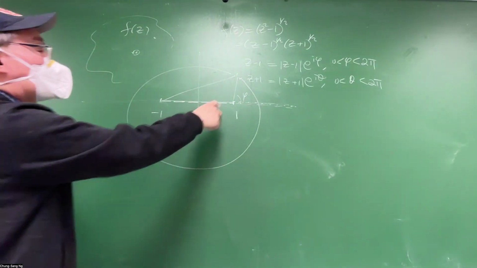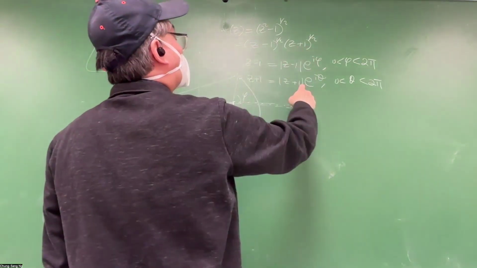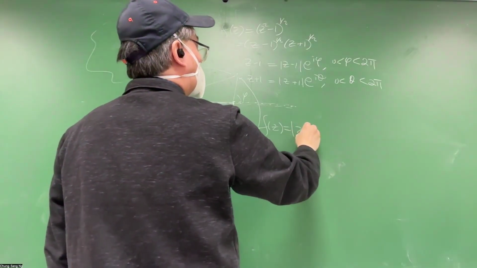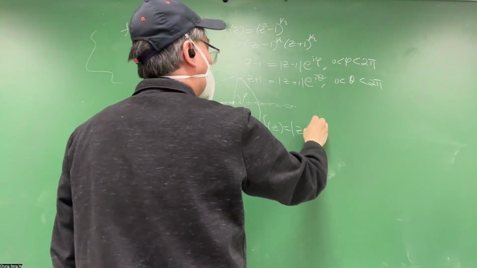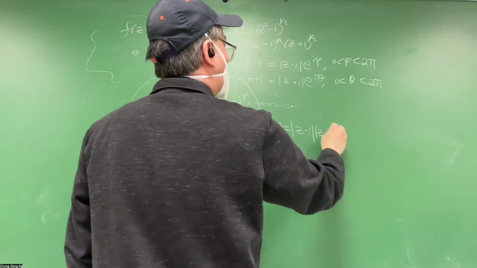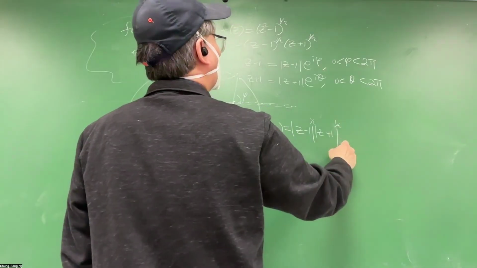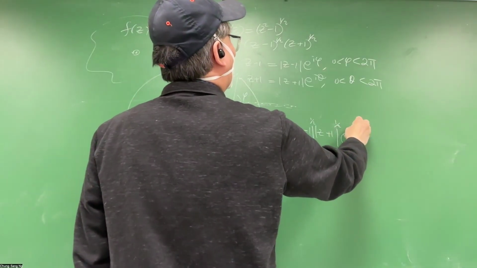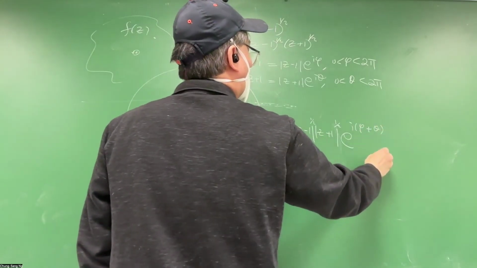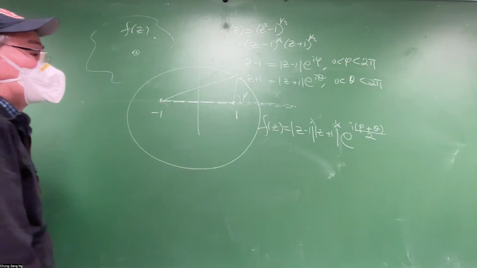Because if you substitute this into here, the function will be z minus 1 times z plus 1 to the 1/2, and e to the i (phi plus theta) over 2.